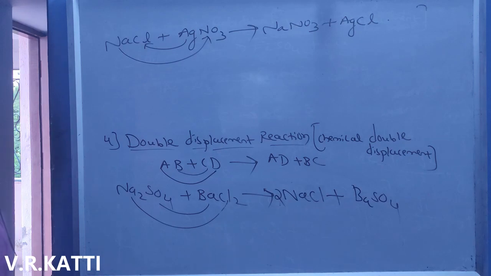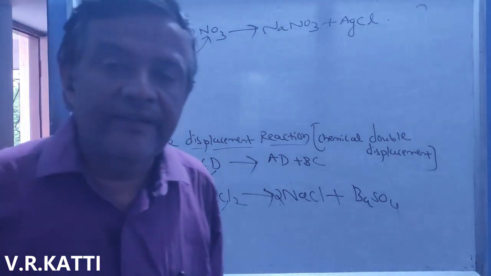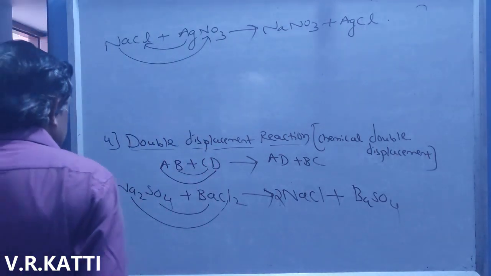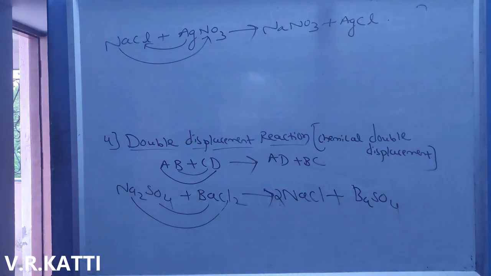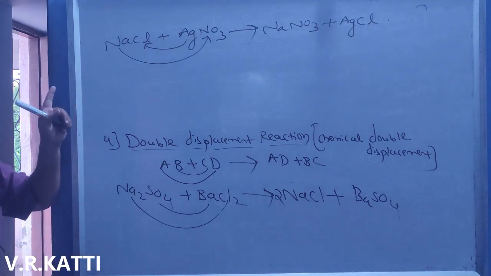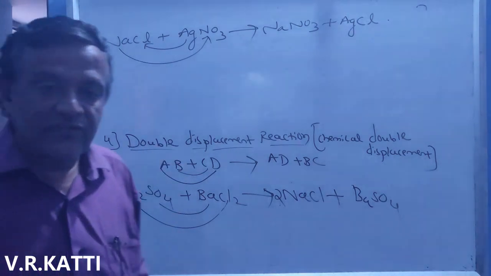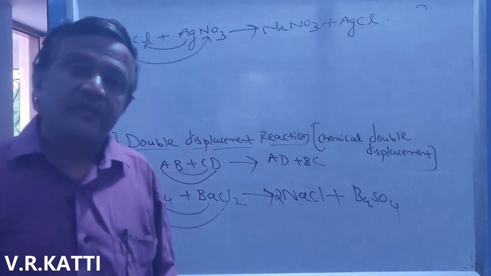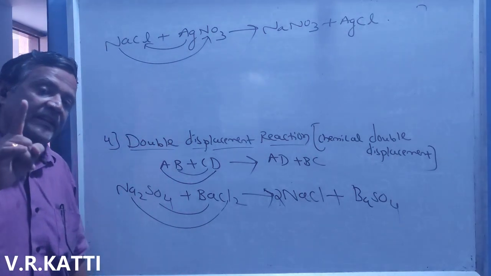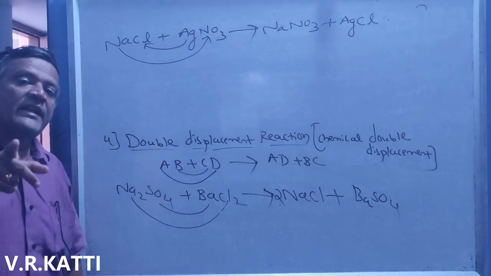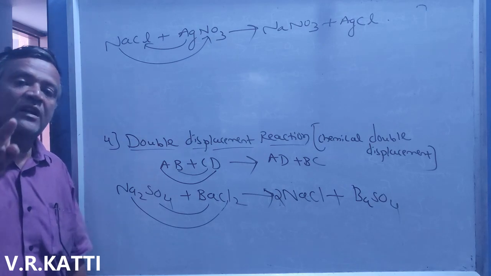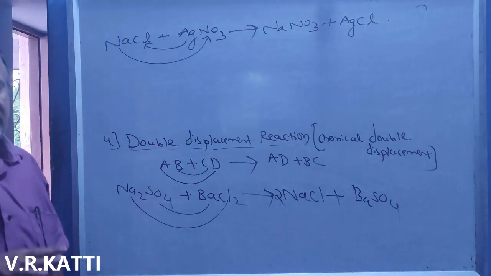Okay, students. So these are the 4 types of reactions: combination reaction, displacement reaction, decomposition reaction, and double displacement reaction. In combination reaction, 2 or more reactants combine to form a single product.